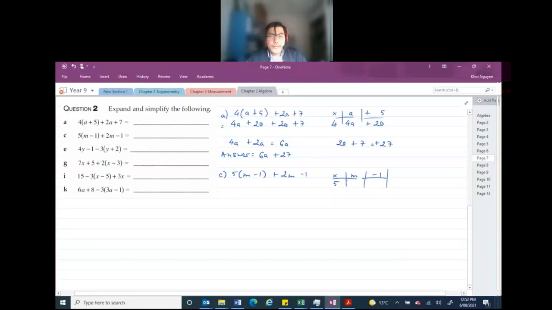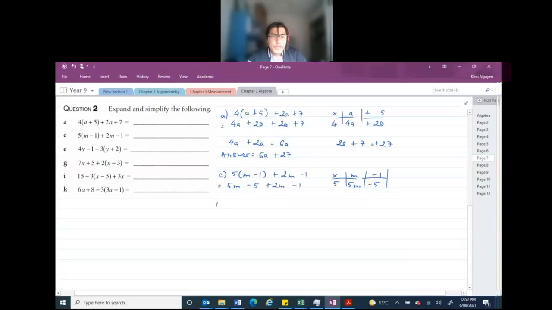Multiply them together. 5 times m is 5m. Positive 5 times negative 1, a positive and a negative is a negative. 5 times 1 is 5. So rewriting this, we have 5m minus 5 plus 2m minus 1.